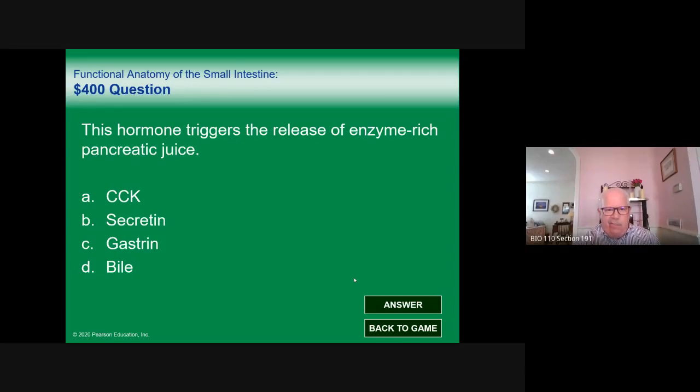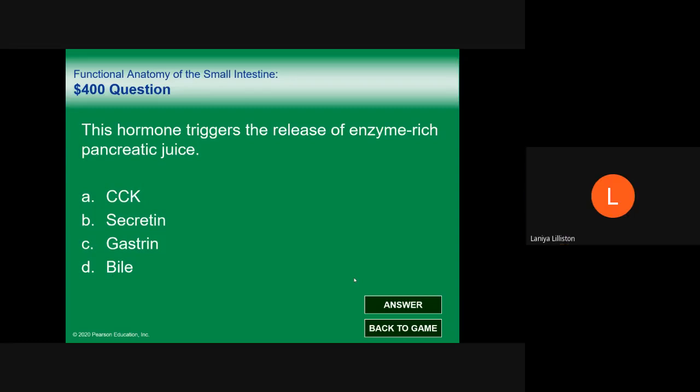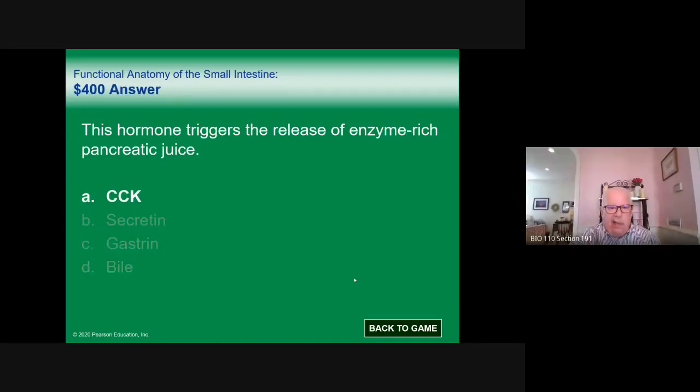One of them is the answer. The other 2 are meaningless. Is it A? Yes, it's A, CCK. Secretin and CCK are produced by the small intestine. This hormone, CCK, triggers the release of pancreatic juice from the small intestine.